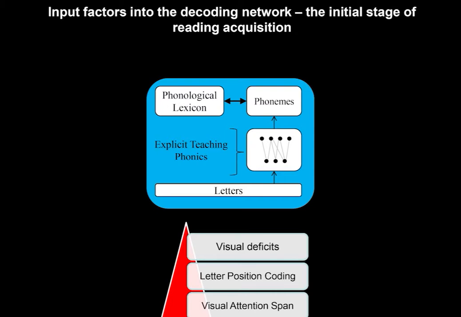Illiterates, for example, are blind to changes of letter order. You present two words, and they have to say, are they the same, are they different? If you change the internal letters of a word, casino, you make it caniso, illiterates are blind. They will not be able to say this is not the same word, because letter position decoding develops through reading.